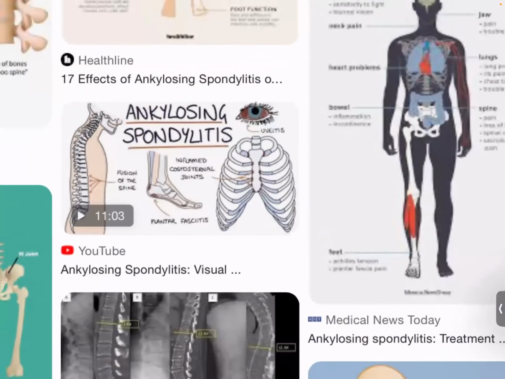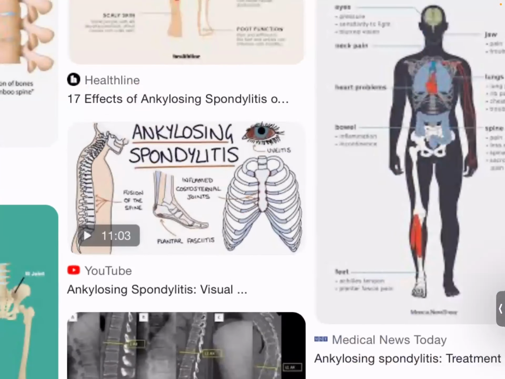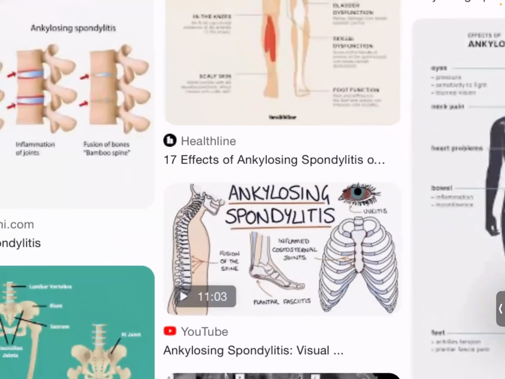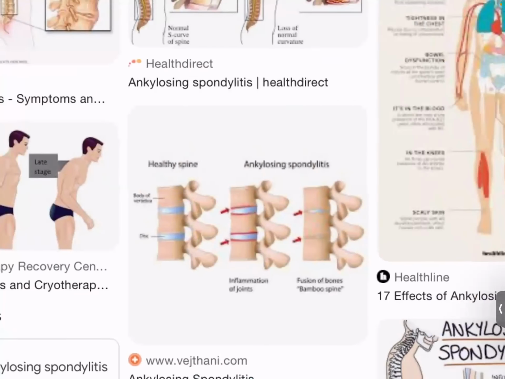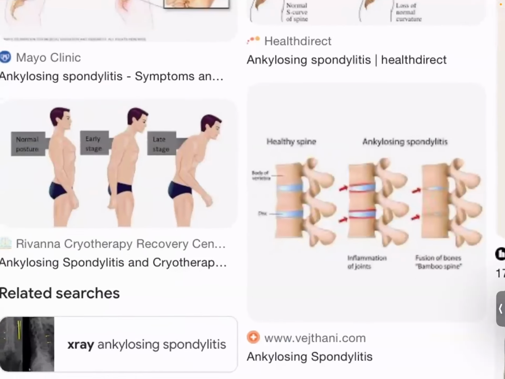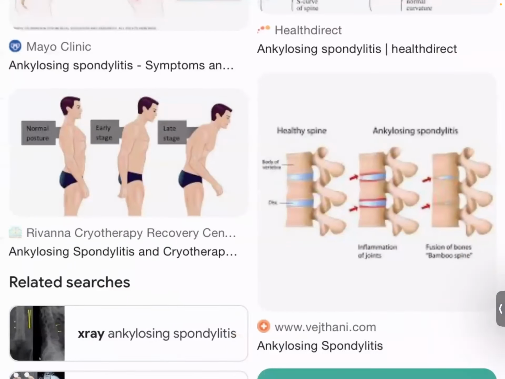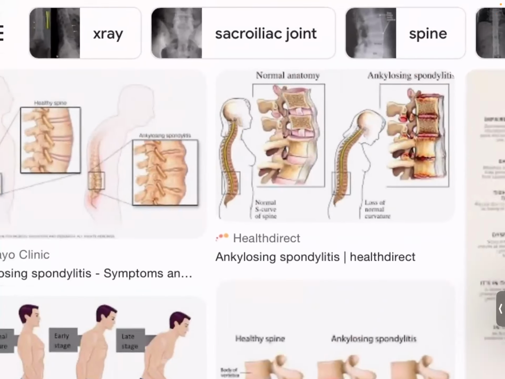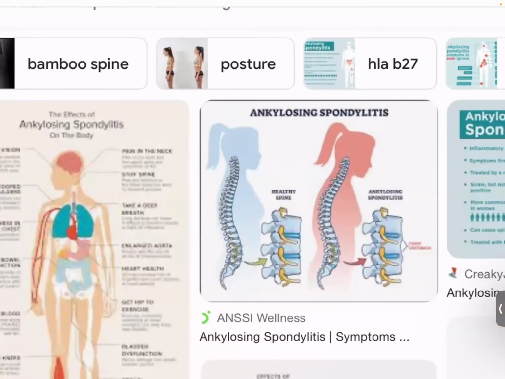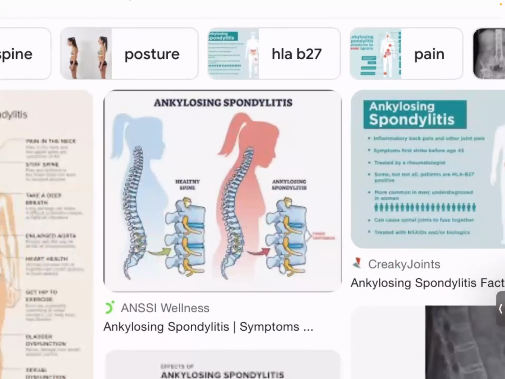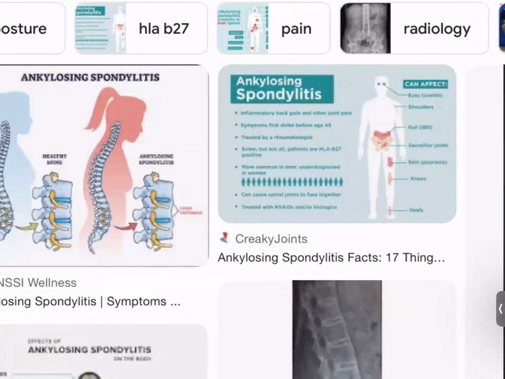This is ankylosing spondylitis, spot diagnosis. What is called bamboo spine.